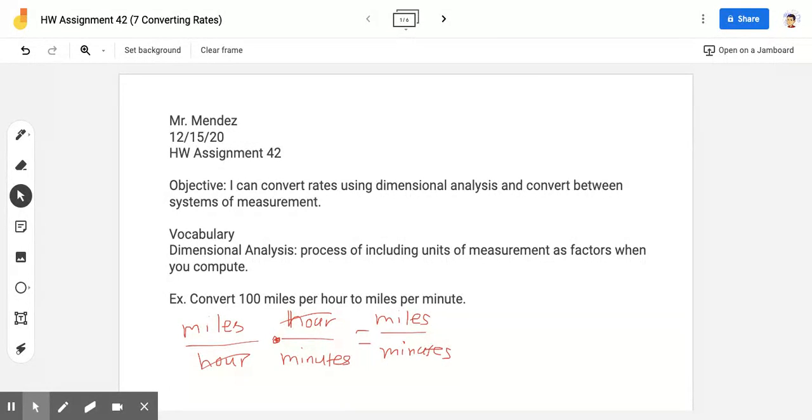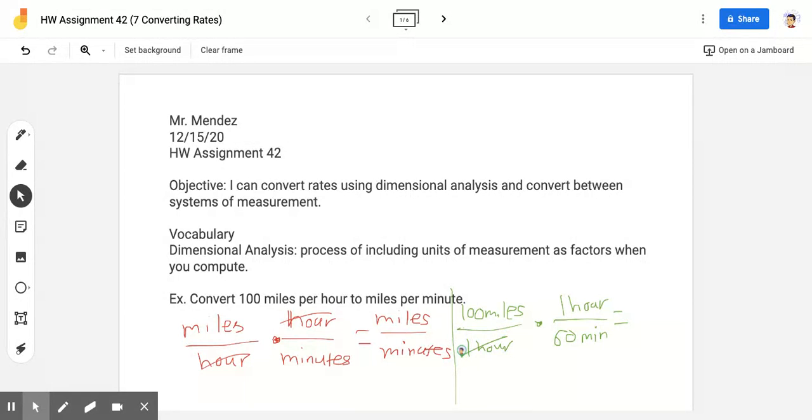So let's say I actually found the actual values. Let me separate this a little bit. If I wanted to convert 100 miles per hour, so 100 miles over 1 hour, to miles per minute, I would multiply it by 1 hour has 60 minutes. And what's that going to be equal to?